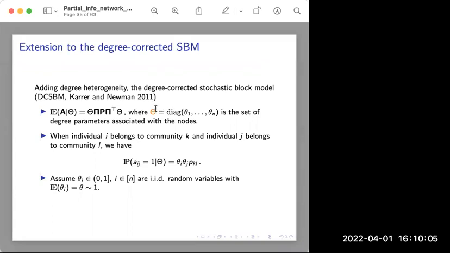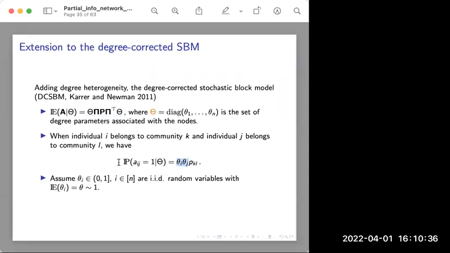So now we introduce a set of n degree parameters, each one associated with a node, and construct a diagonal matrix. Given the value of your degree parameters, your population A now takes this particular form, with the diagonal matrix multiplied at the beginning and at the end. This changes our edge probability by these two terms.